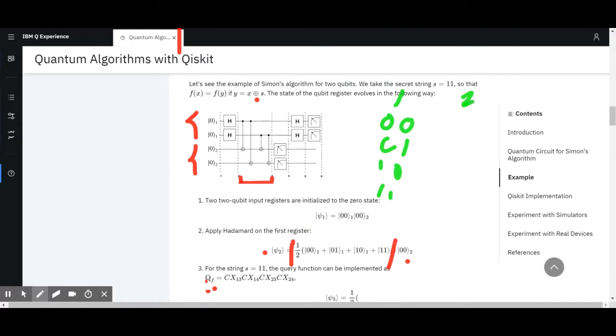So in this case, you would end up simply with 0 0, and in the case of 0 1, you would end up with, what, 1 1. If you'd have 1 0, you'd end up with 1 1 as well, and if you do 1 1, then you would end up with 0 0. Yeah, because you're applying the control nodes twice.